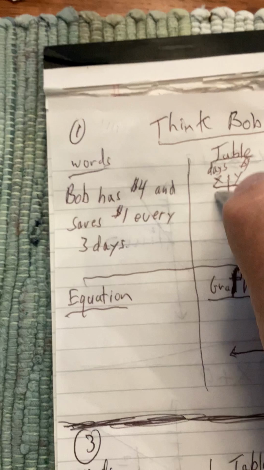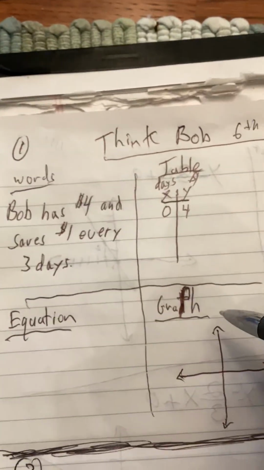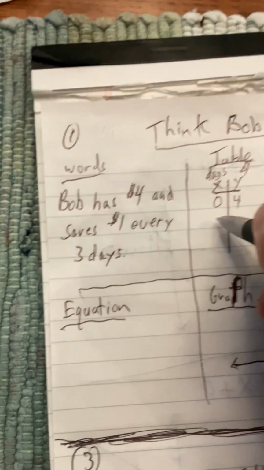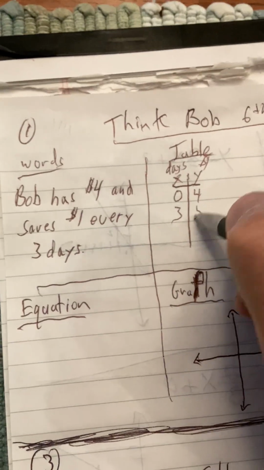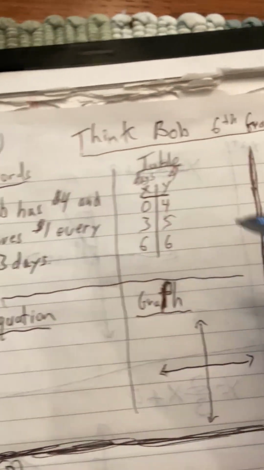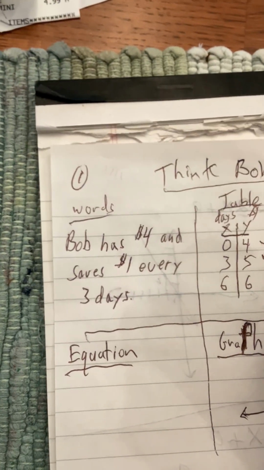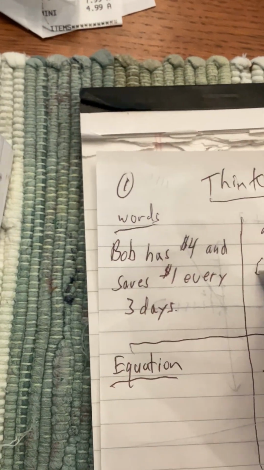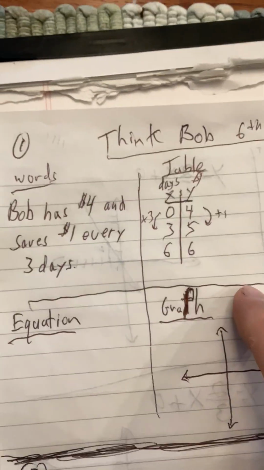So here, this is X, Y, which is days and dollars. At 0, it looks like Bob has $4. He's starting with $4. And every 3 days, so I'm going to go up by 3, every 3 days he saves $1. This is kind of a tough one to start off with. But this is going up by 1, and this is going up by 3 every time, which is your rate of change.